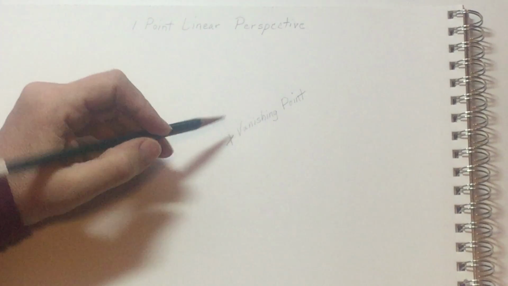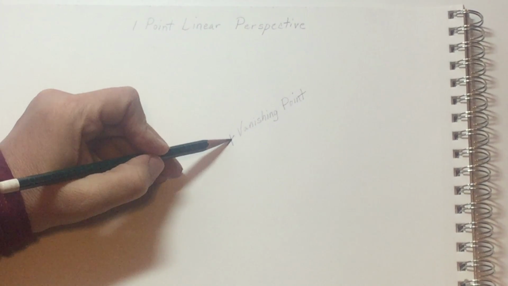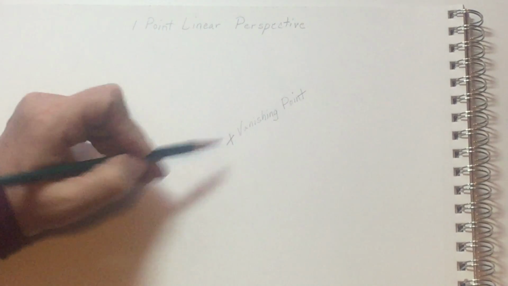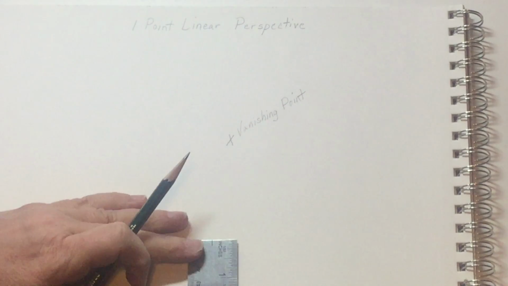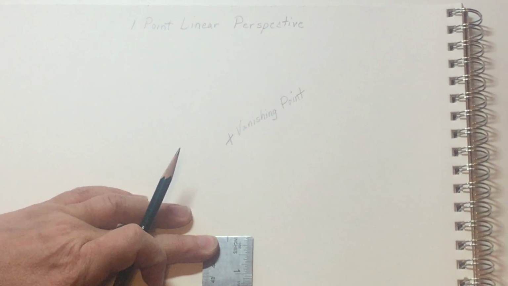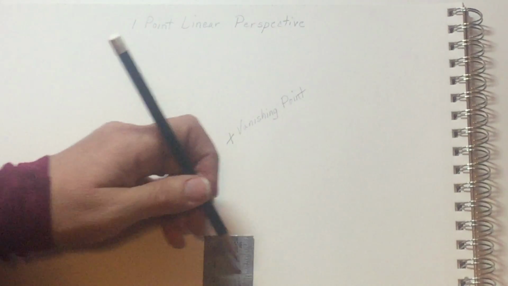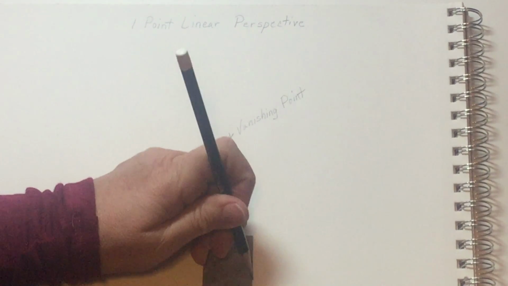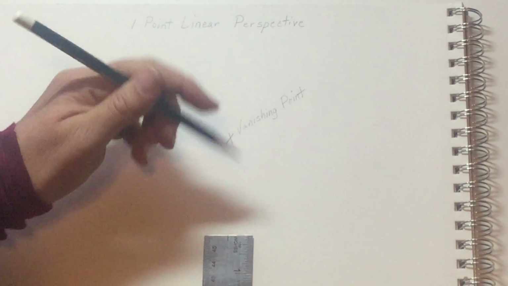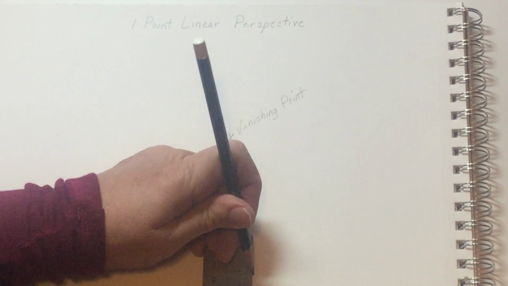So if I'm looking straight down a row of buildings or a bunch of boxes, and I'm looking past them to a point in the distance, this would be where my eye is looking. I'm going to show you how to draw boxes today in one-point linear perspective. You will need a ruler, and I'm just going to start with a basic box, if I'm looking straight down the top of a building or a box.